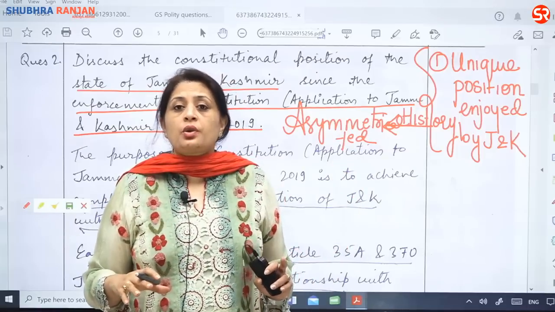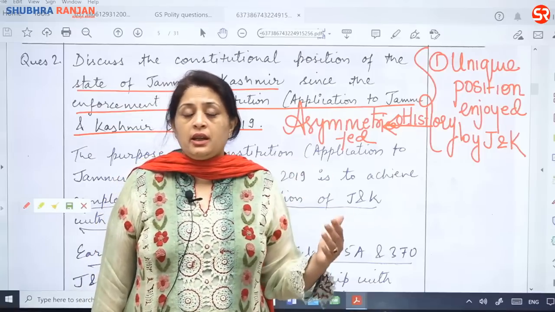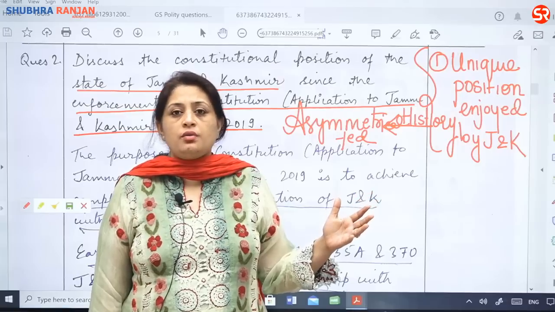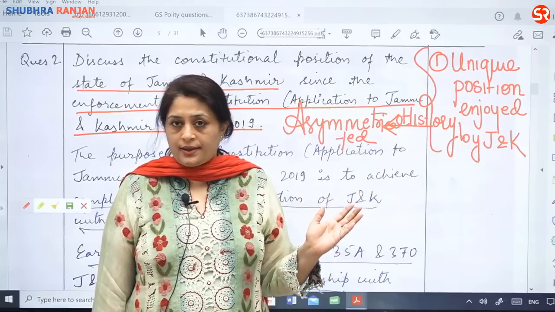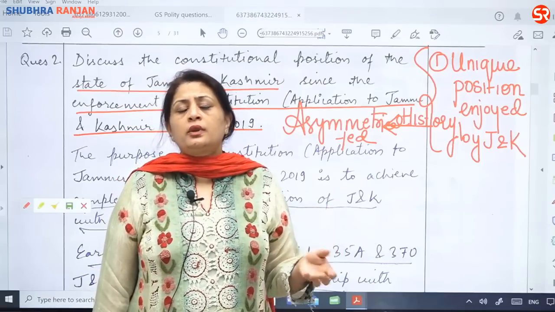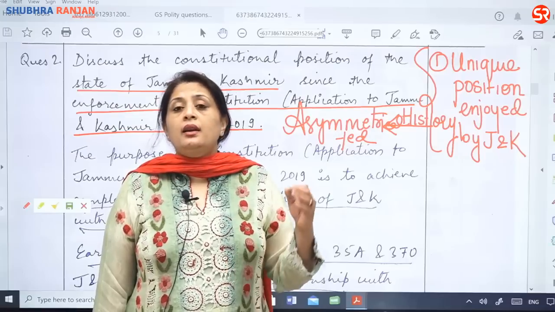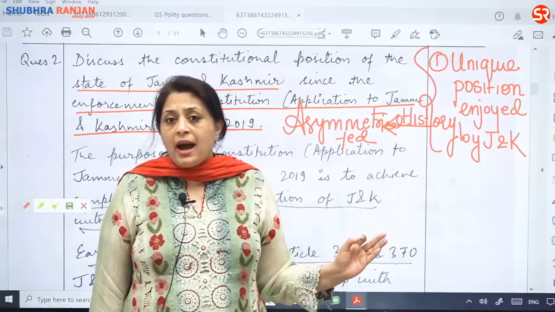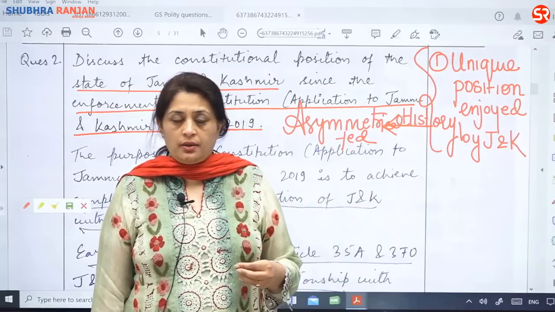Asymmetrical Federation of India has allowed Jammu and Kashmir a special status, though in the constitution it is mentioned as the temporary status. This status was because of the special conditions that were existing at the time of the partition and the manner in which the state was integrated.